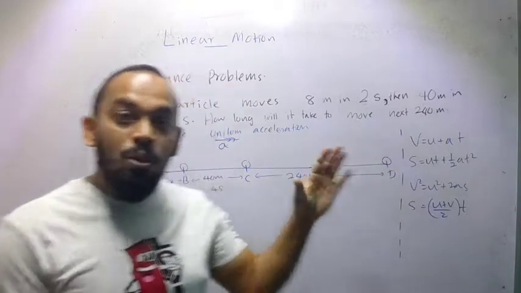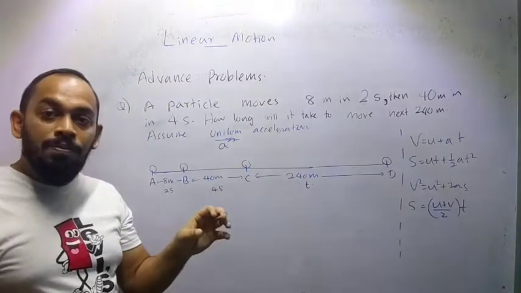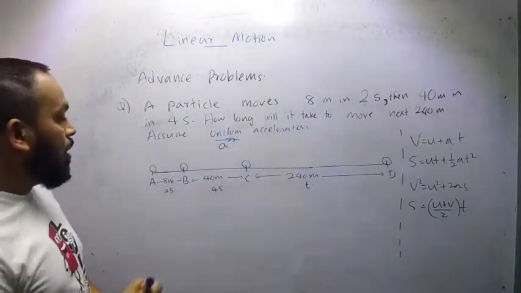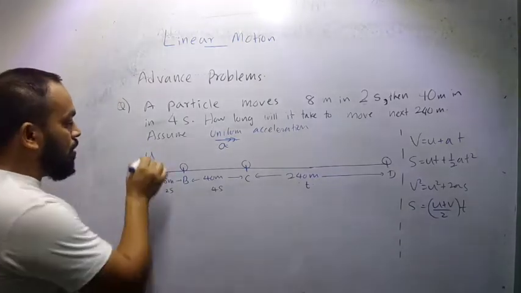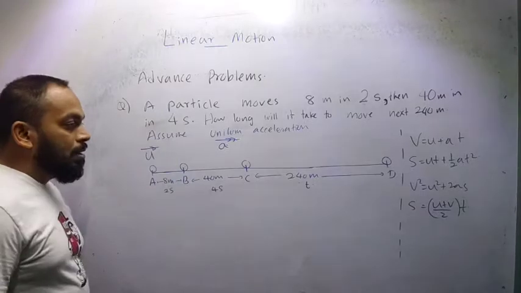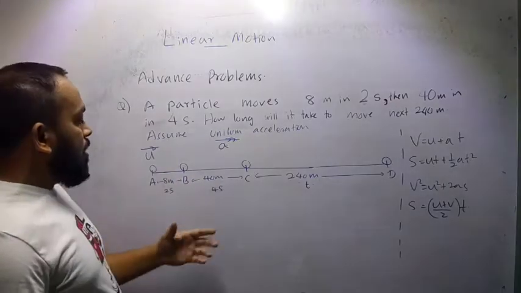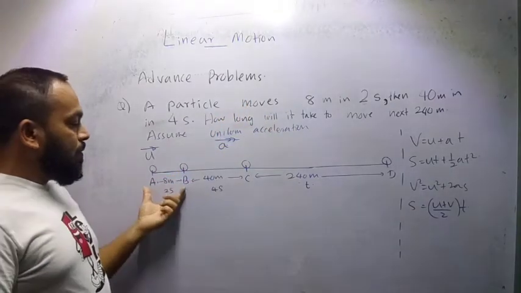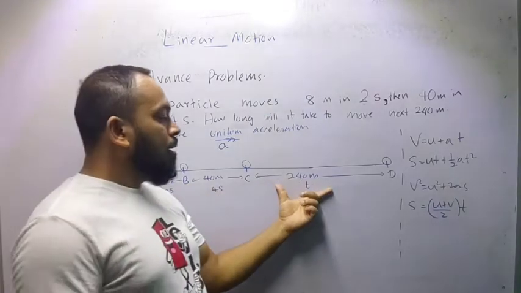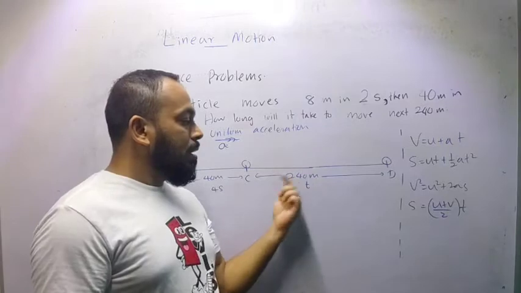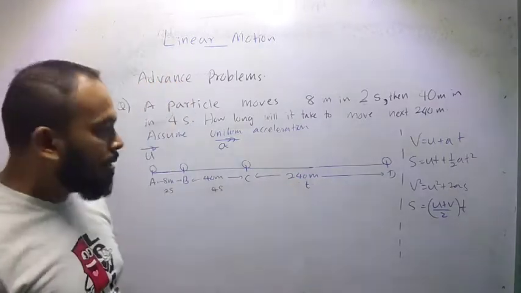So even though it is not given, you can start with an initial velocity u like this. Okay. So here's the thing. They say that it moves 8 meters in the first 2 seconds, then the next 4 seconds 40 meters, then it moves 240 meters, and they're asking us to find how long will it take.